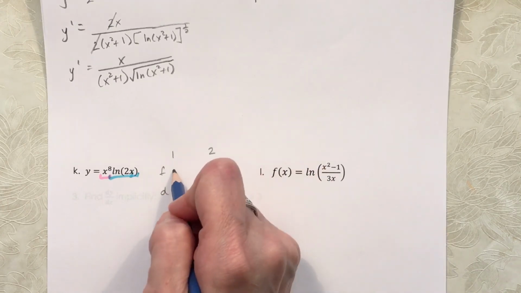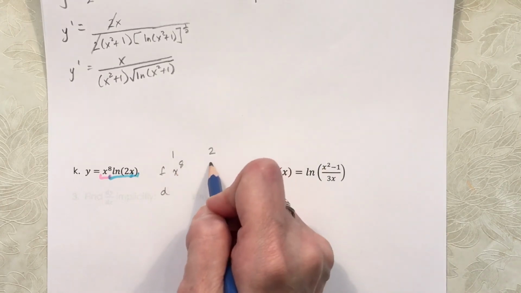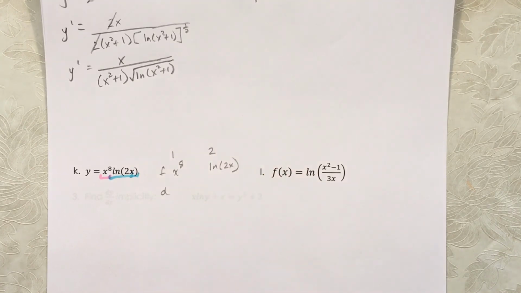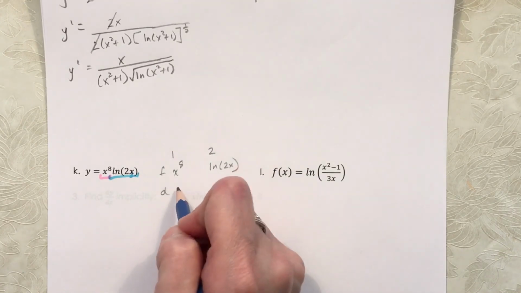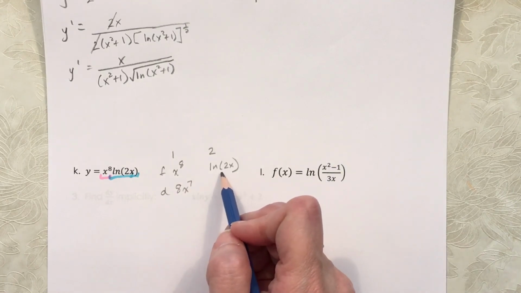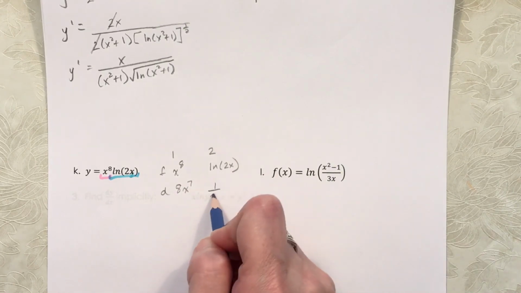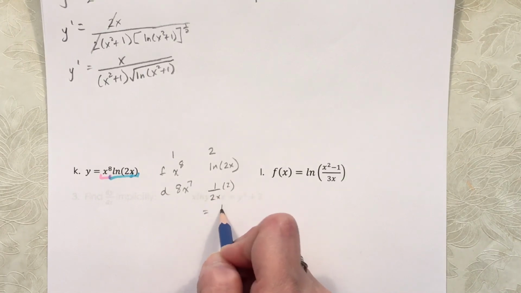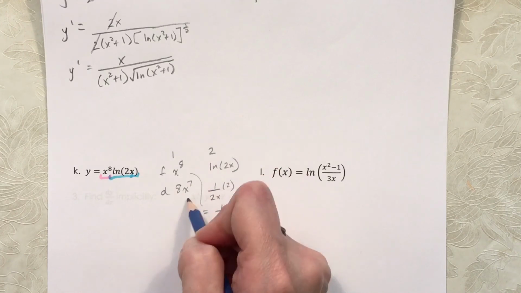My first function is x to the 8th, and my second one is the ln of 2x. So the derivative of x to the 8 is 8x to the 7th, and the derivative of the ln of 2x is 1 over 2x times 2, which is 1 over x.